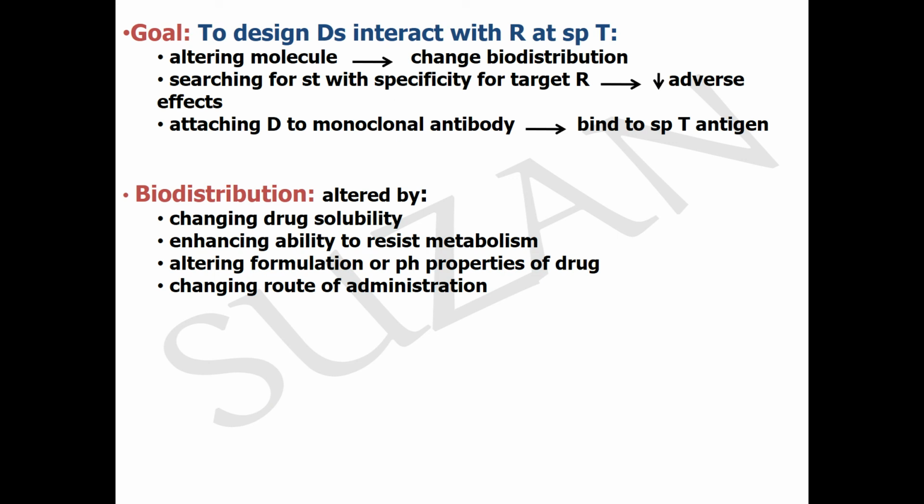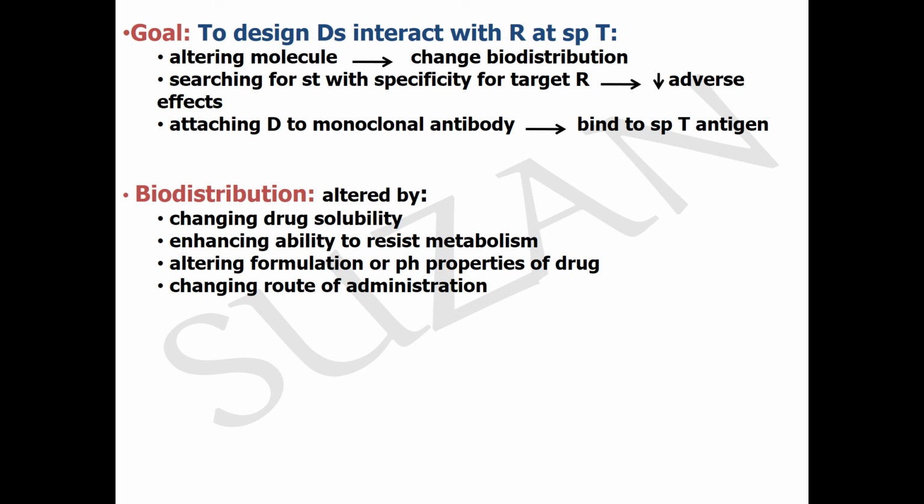So the goal is to design drugs that interact with the receptor at specific tissues. This can be done either by altering the molecule, changing biodistribution, searching for structures with specificity for the target receptor, decreasing therefore the adverse effects, or you can attach the drug to a monoclonal antibody, and this can bind to a specific tissue antigen.